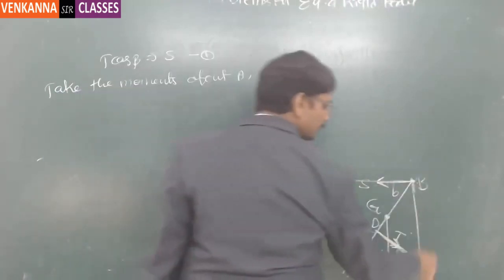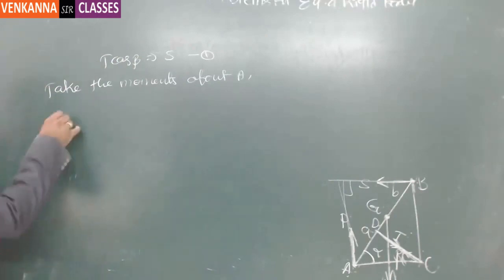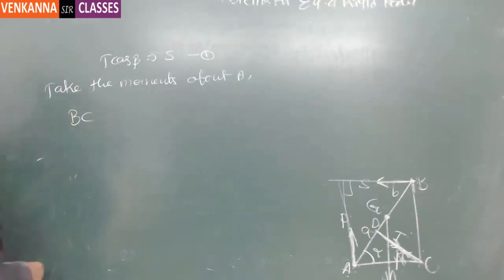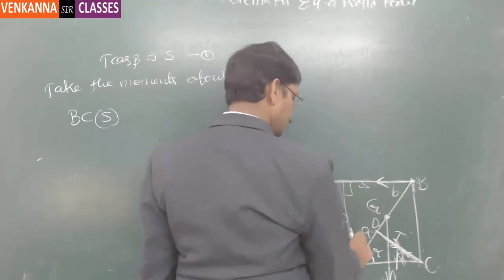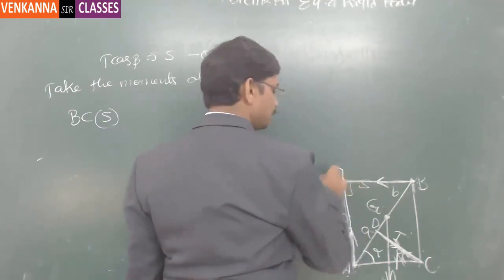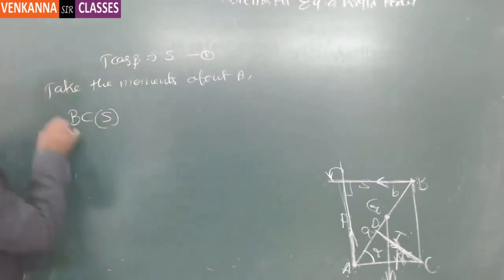Obviously this height, BC, is the perpendicular distance. So BC into S is equal to, so this moment, if you take it, this is the force direction and this is the radius direction and this is the direction of the moment. So this is anti-clockwise direction. This you can treat as plus.